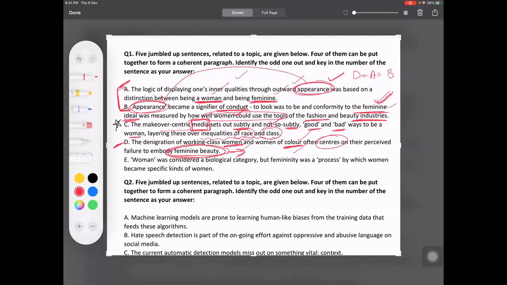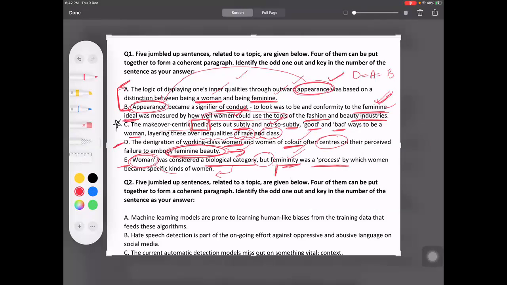Right. The last point is talking again about women: a woman was considered a biological category, but femininity was a process. These are the definitions. A woman is a biological category, this is the definition of being a woman. But femininity is a process by which women became specific kinds of women. So feminine is a kind of process, which has a different definition.